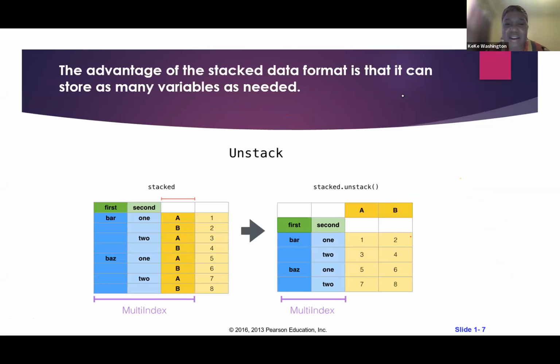Stacked versus unstacked. Stacked data can have as many variables as needed. Stacked data says each one of these rows represents one person. Whereas in unstacked data, one row does not represent one person. For example, let's say that this represents males and this were females.